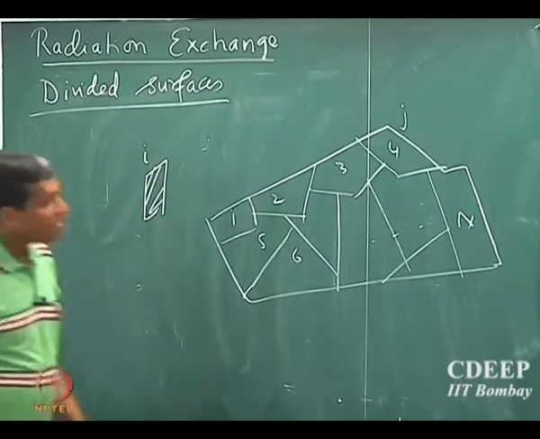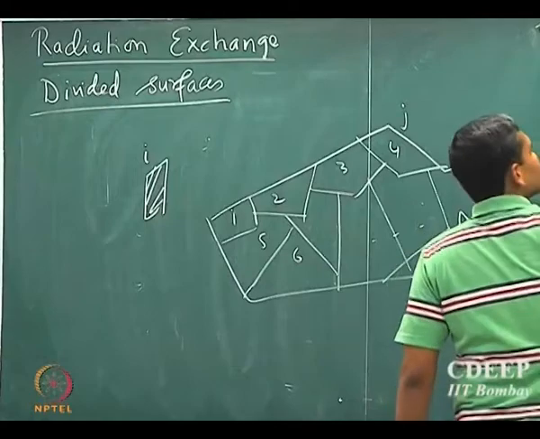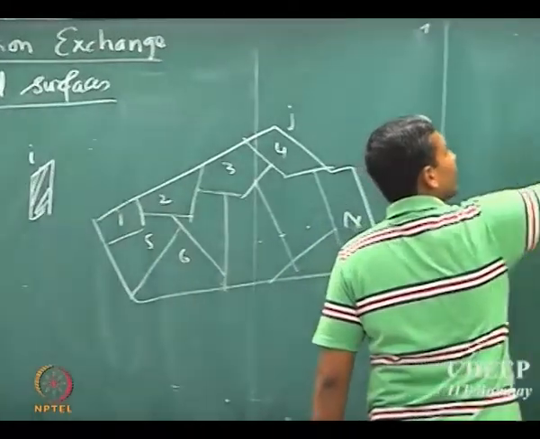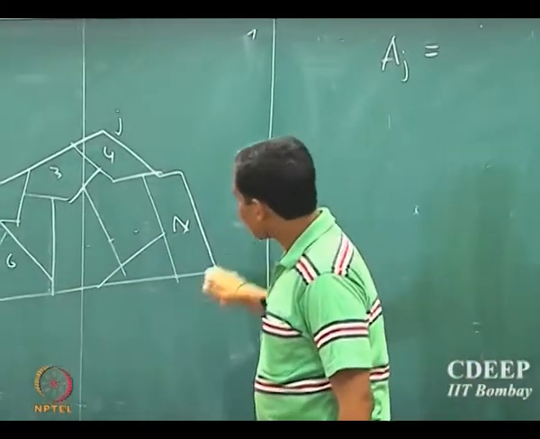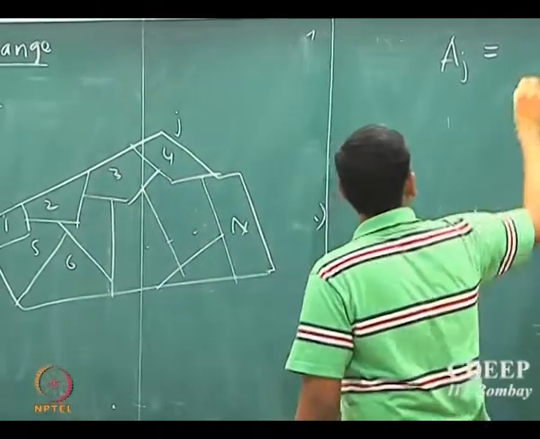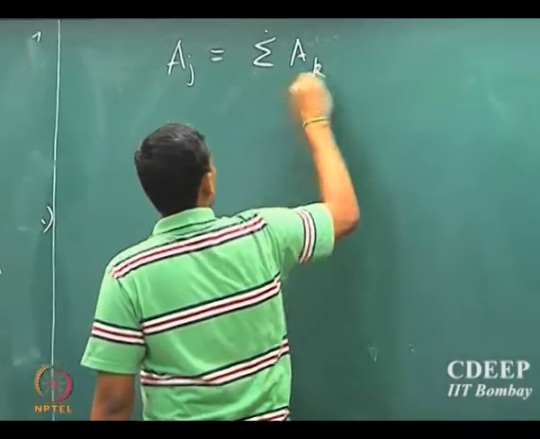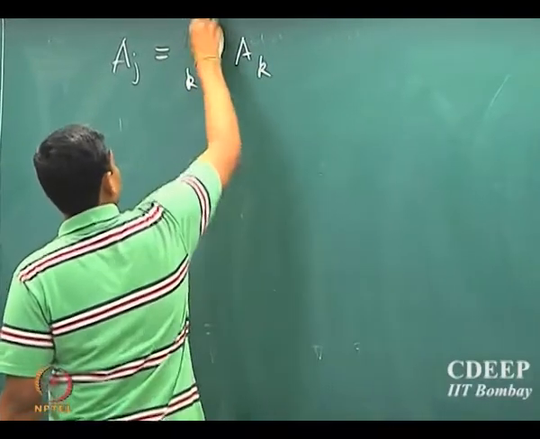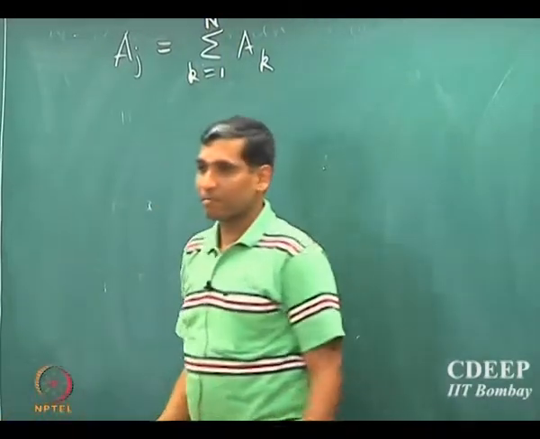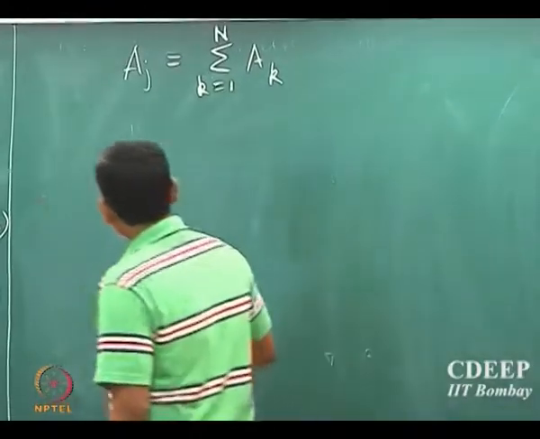Now, by definition, the overall surface of surface J is nothing but the sum over all k going from 1 to n. That's obvious.